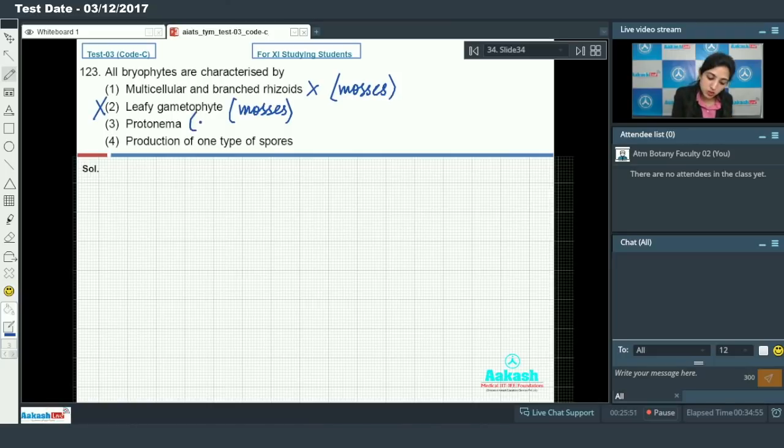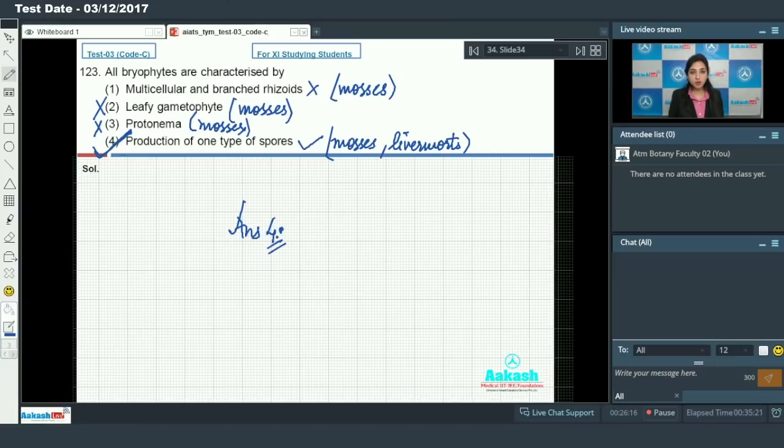Protonema is also present in mosses and not in liverworts. Production of one type of spores. This is true for both mosses, liverworts and other bryophytes. So this is the feature which is true for all bryophytes. So the answer to this question is option number 4.